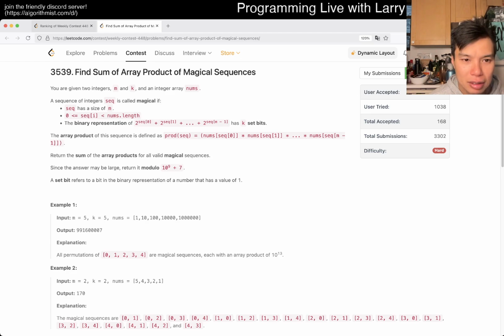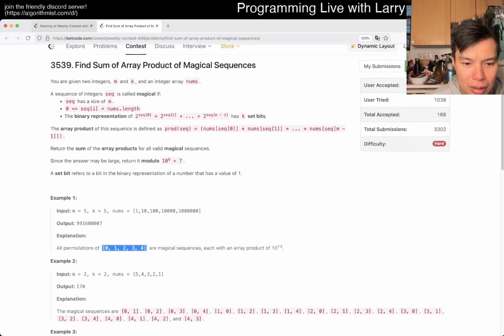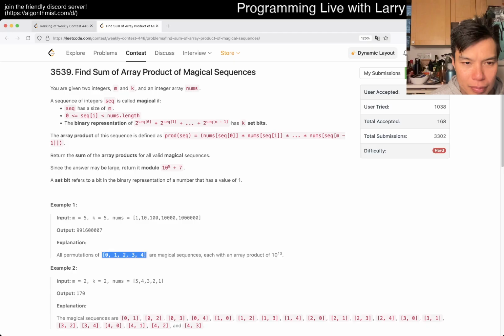The sequence of I is the binary representation of 2 to the 0 plus 2 to the 1 plus 2 to the 2. That's k set bits. Okay. So plus. What does that mean?